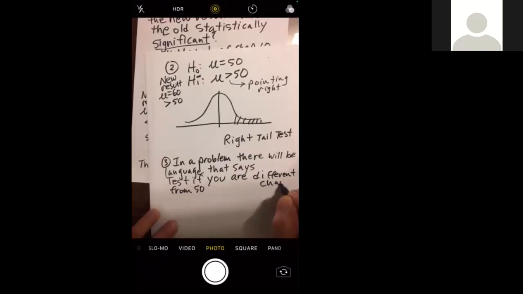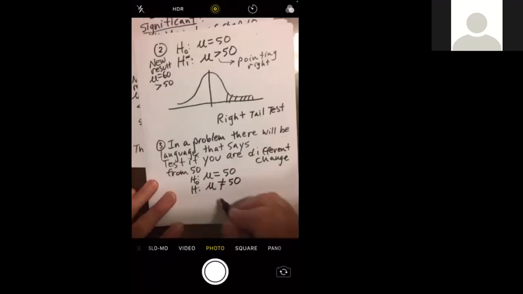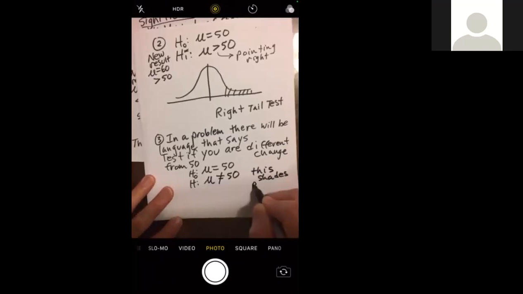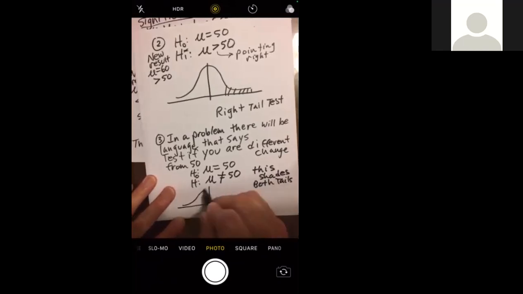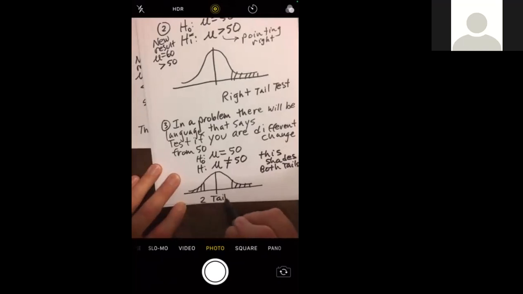Sometimes they use the word changed from 50. All right, so once again, your null hypothesis, mean equals 50. Alternative, if all you care about is you're different from 50, well, you could be different lower or higher, which means you're going to use a not equal. This shades both tails. They call this a 2-tail test.